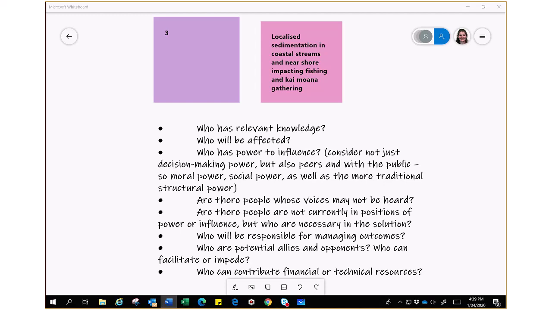So you want to get people to think about who has got relevant knowledge. In this case, this might be farming knowledge, local knowledge, knowledge on food gathering, knowledge about getting practice change or policy knowledge.